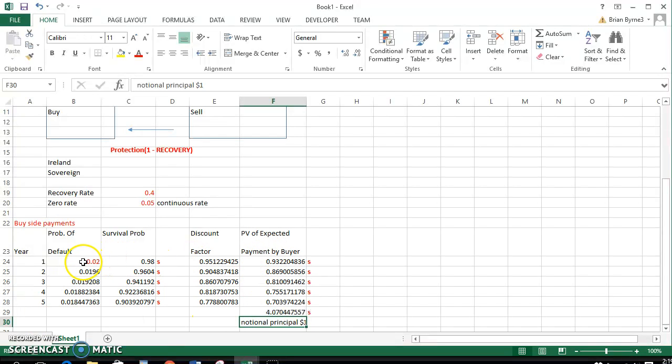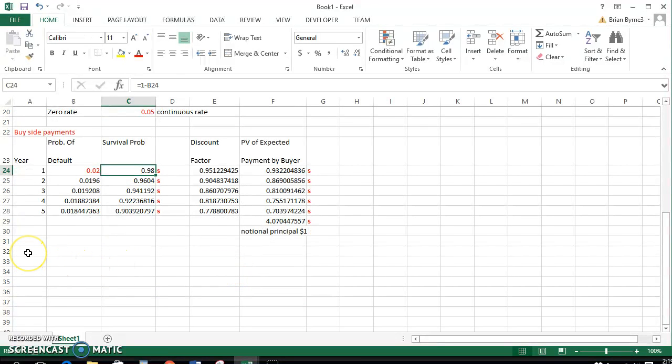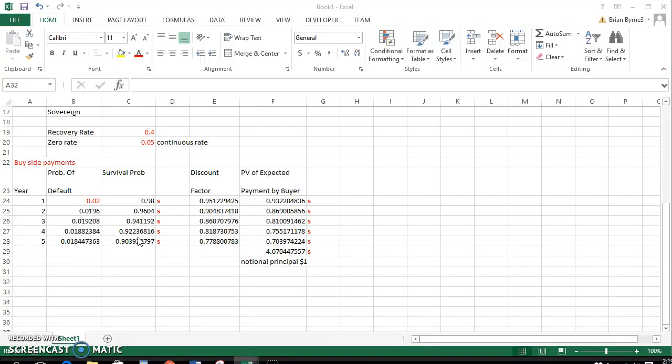So a high probability, the probability being dependent on survivorship, of paying a small amount. In addition, there are also some accruals here that I'm going to ignore for a moment, that the buyer also has to pay, but we'll have a look at that momentarily.